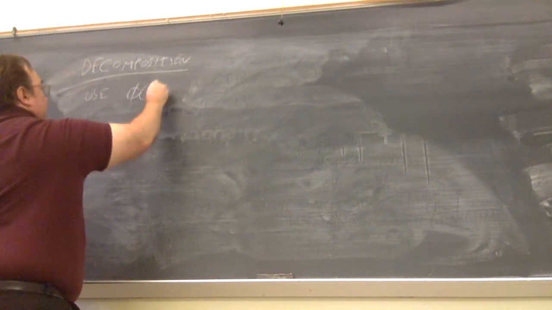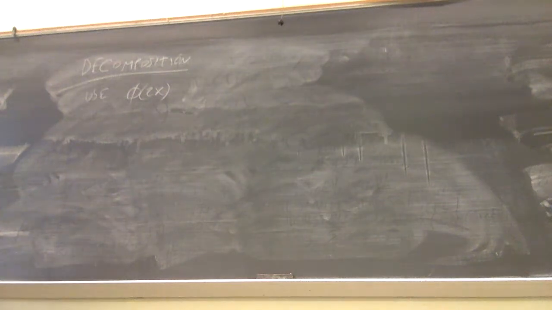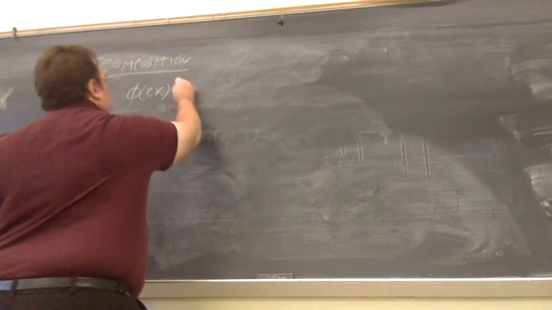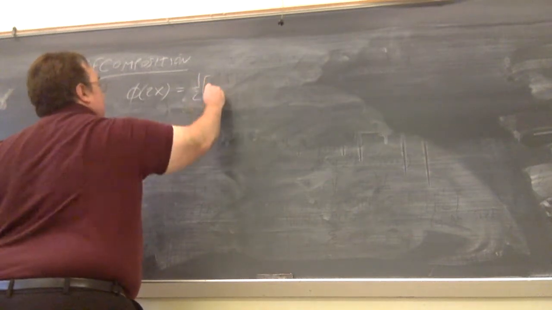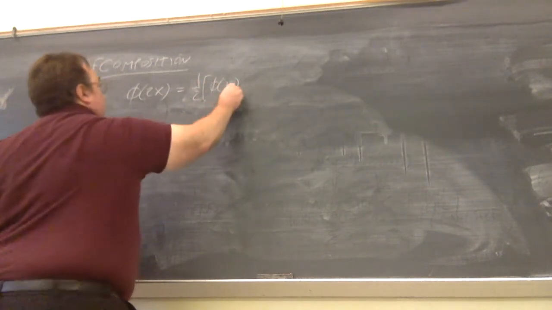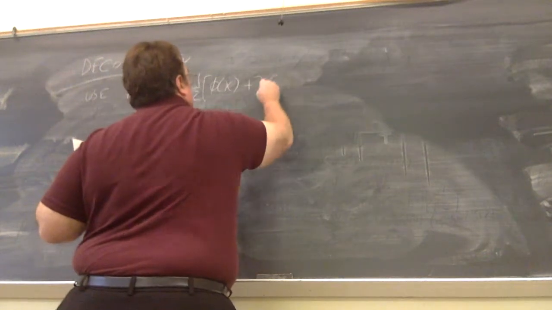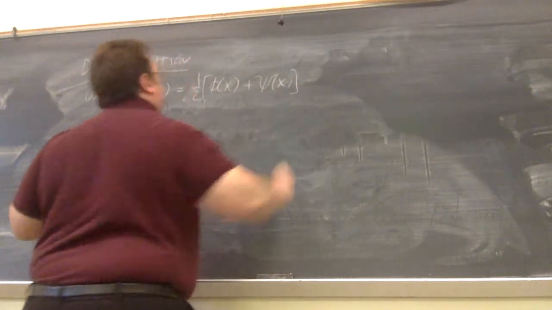If I have my scaling function at 2x rather than x, that's equal to the average of the scaling function at x and the wavelet at x.